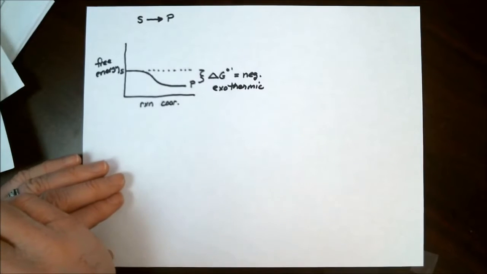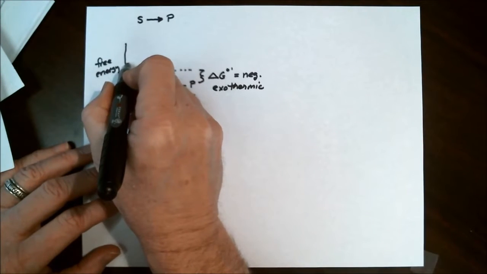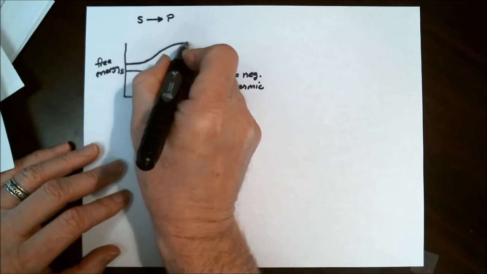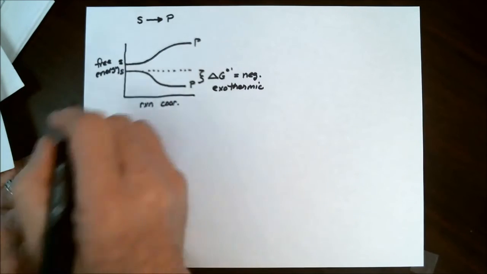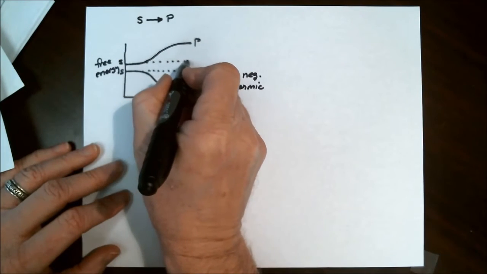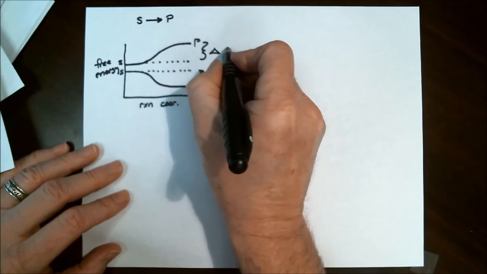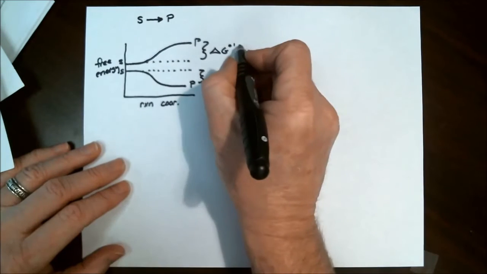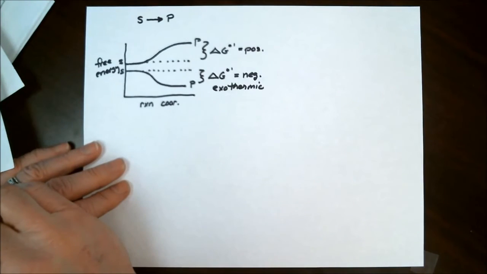Now the other type of chemical reaction we looked at is where the free energy of the substrate is less than the free energy of the product. In this case, we are talking about a standard free energy change, delta G 0 prime, that is going to be positive.